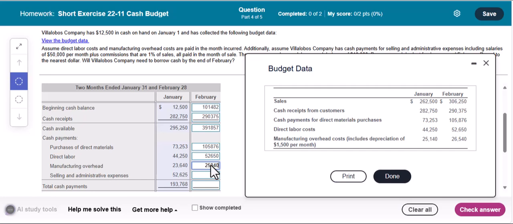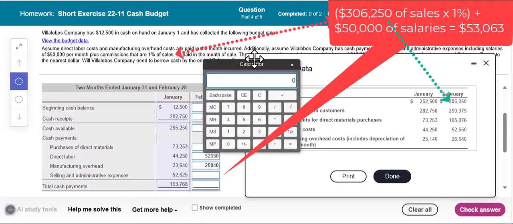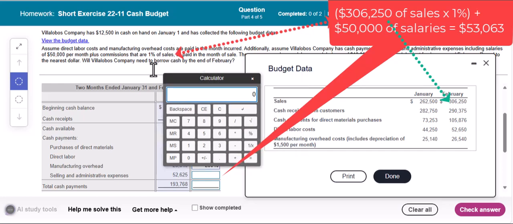And then we have our selling and administrative expenses, so we can get our calculator out for that one because we're going to need 1% again of sales for part of that. So we know that we have $50,000 per month for the salaries, then we need 1% of sales for the commissions. So we're going to take 1% of $306,250 times 0.01.